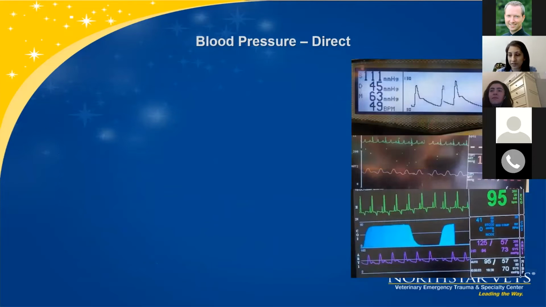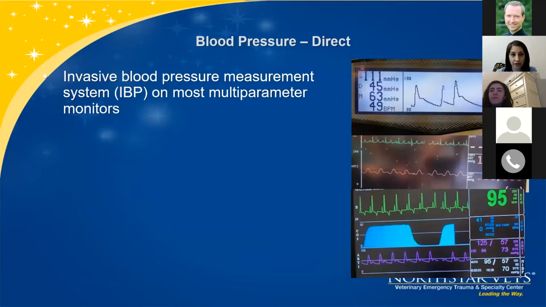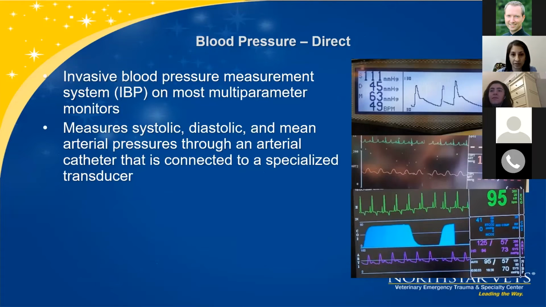So finally, that brings us to direct blood pressure. An invasive measurement system is available on most of these multi-parameter monitors. There are also standalone units that just do arterial pressure, so you can bring that in on the side as a supplemental unit. They can measure systolic, diastolic, and mean pressures through an arterial catheter, which is connected to a specialized transducer.